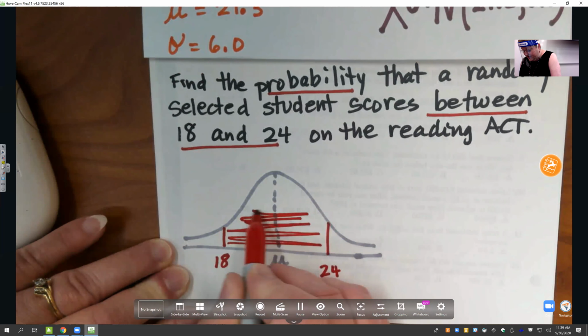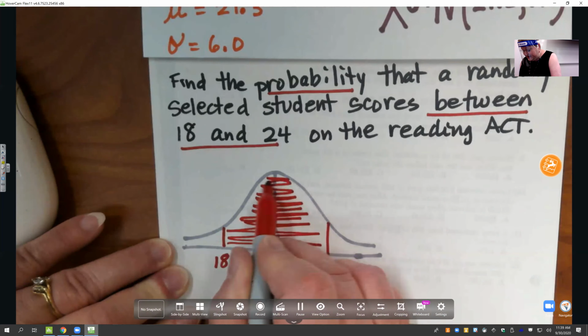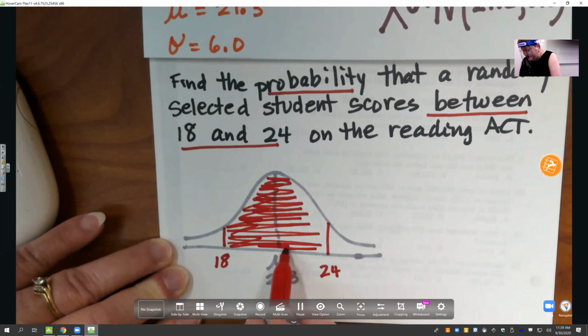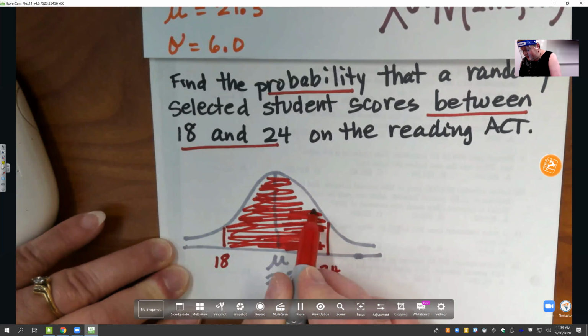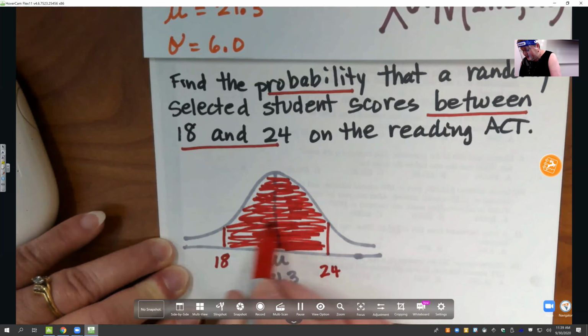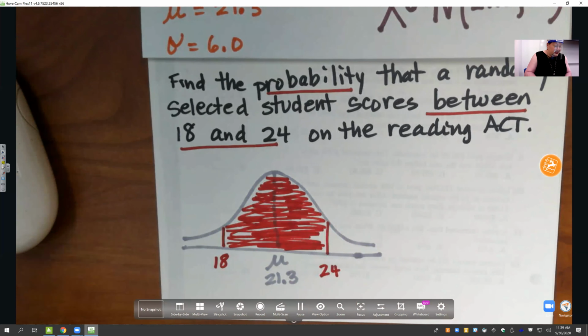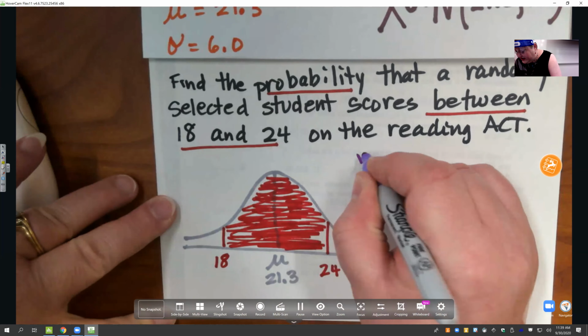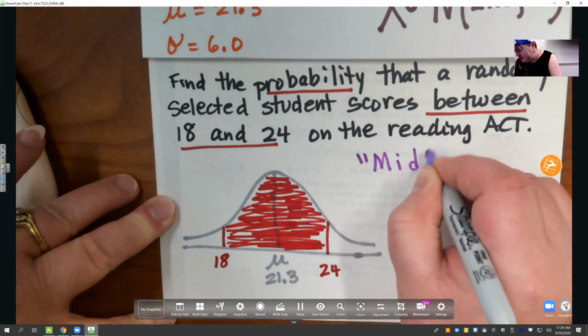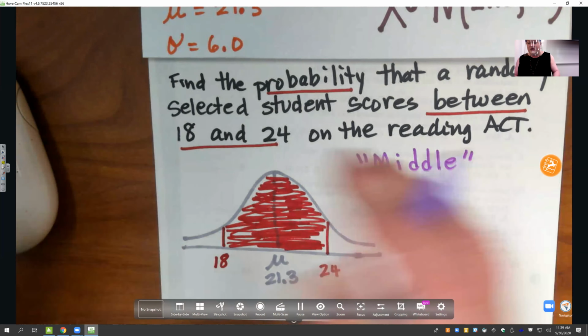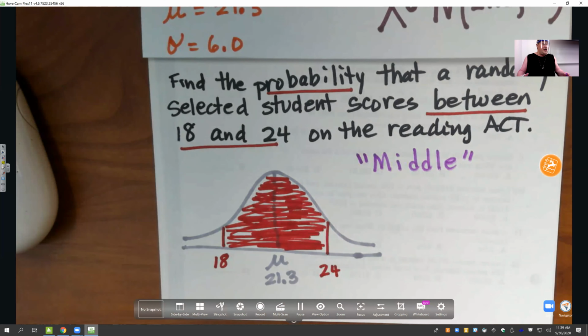So we're looking for this red shaded region. Now again, if you think about the terms that are given in Minitab, this is the one for middle. Because you're between, or you're in the middle of 18 and 24, you're going to use the middle option.